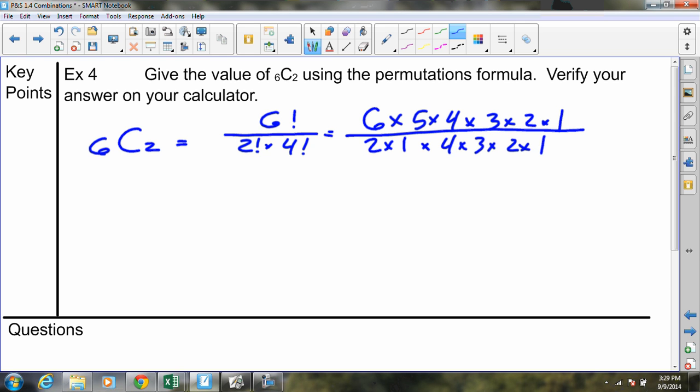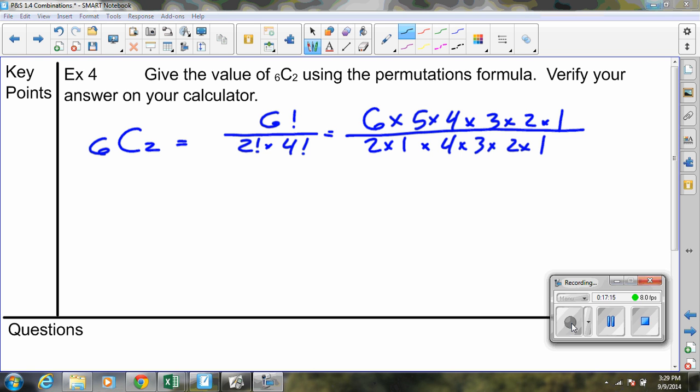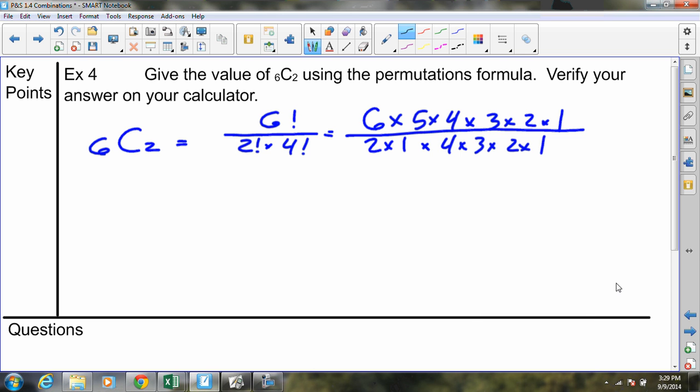So the 4 comes from the continuation. We'd like to reemphasize, the 4 is coming from 6 subtract 2. Now that we have this expanded, we can cancel out all the pieces that we had. 4, 3, 2, 1, 4, 3, 2, 1.